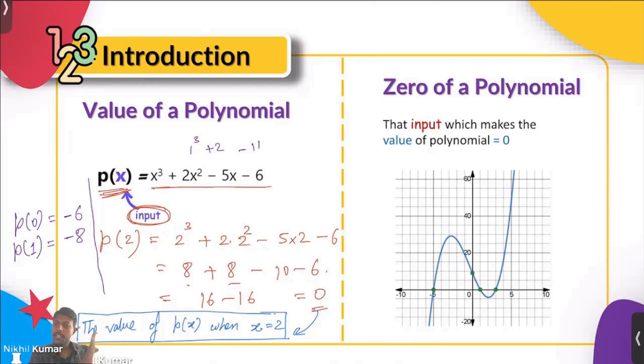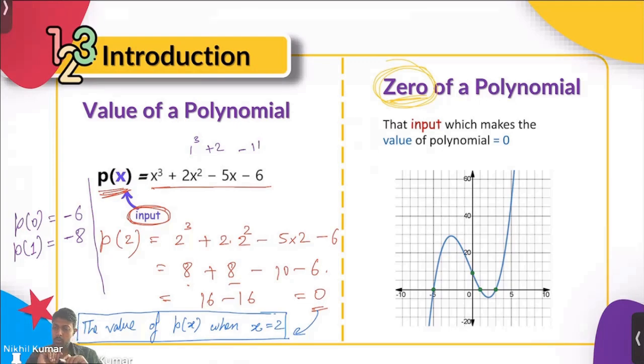Now, let's move on to the 0 of a polynomial. What do we mean by 0 of a polynomial? Sometimes this term can be confusing, but we're going to learn it from the basics, from the fundamentals. 0 of a polynomial means that value of x, that value of the input, which makes the polynomial 0.